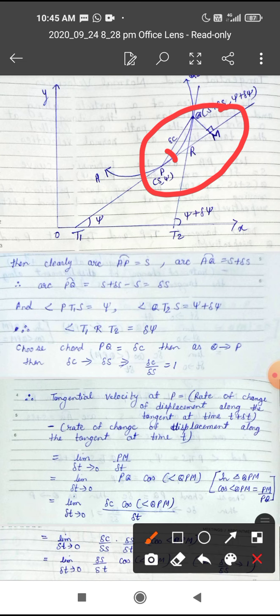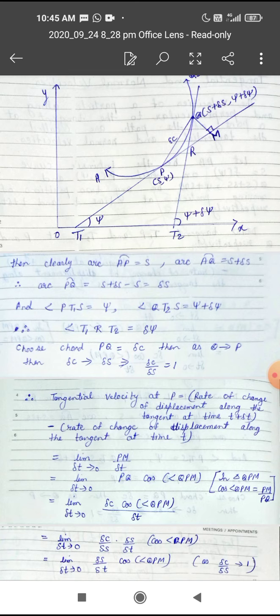So PM is equal to PQ into cos angle QPM. Now PQ is equal to delta C.